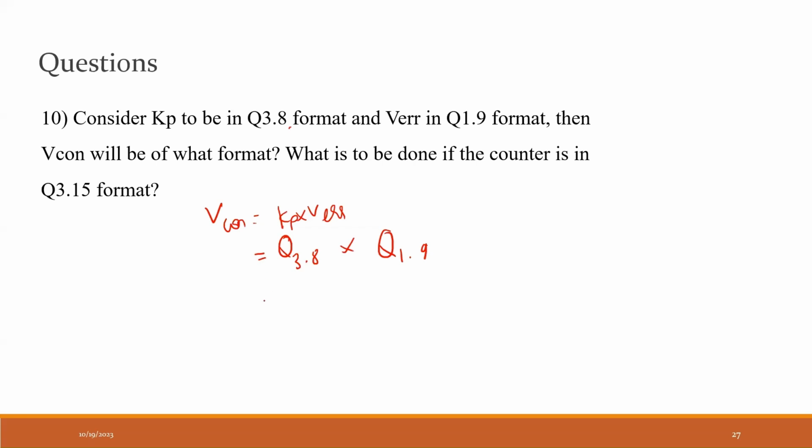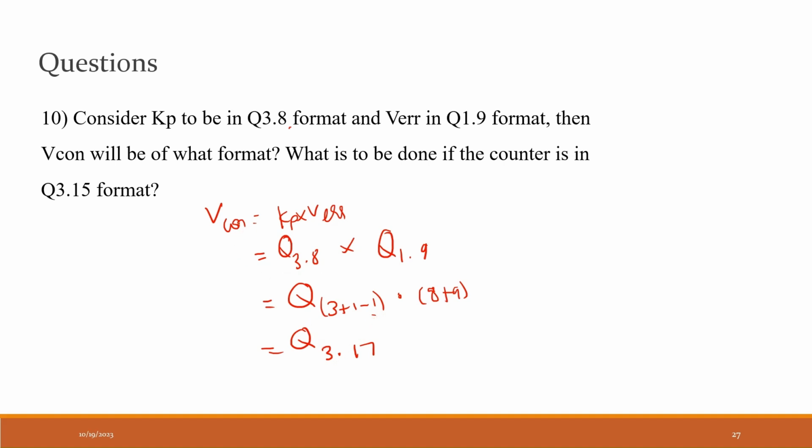So my effective Q format will be Q(3 plus 1 minus 1).(8 plus 9). So it comes out to be Q3.17. Why does this minus 1 happen? Because there are two sign bits. We don't require both sign bits, so we have to discard one sign bit. So my effective Q format is 3.17.